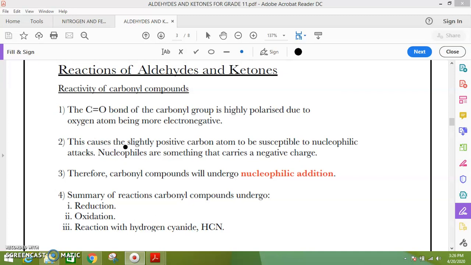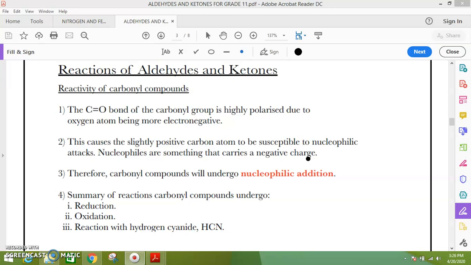This causes the slightly positive carbon atom to be susceptible to nucleophilic attack. Nucleophiles carry a negative charge. What is a nucleophile? In the previous unit we studied electrophiles, which means positive species.